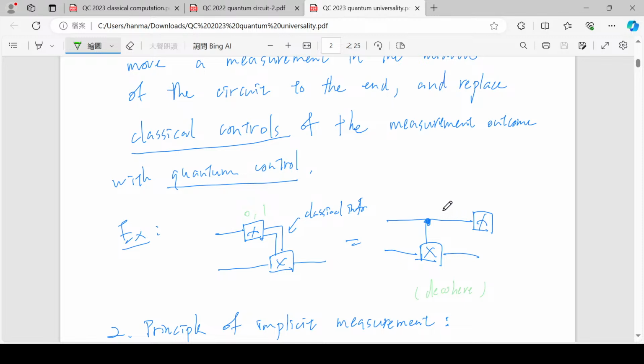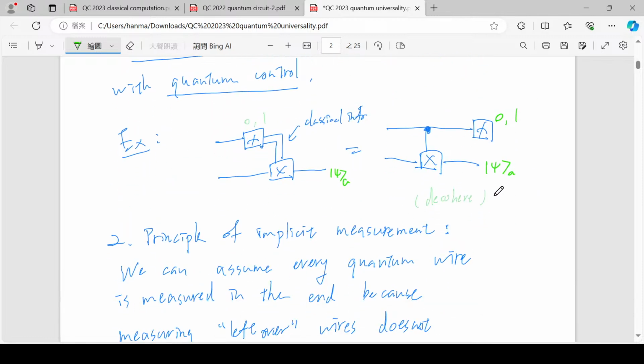So let's say we condition on 0, 1, and then you will get some state psi_A, where A depends on 0, 1. Same state here and the same probability of 0, 1 here.